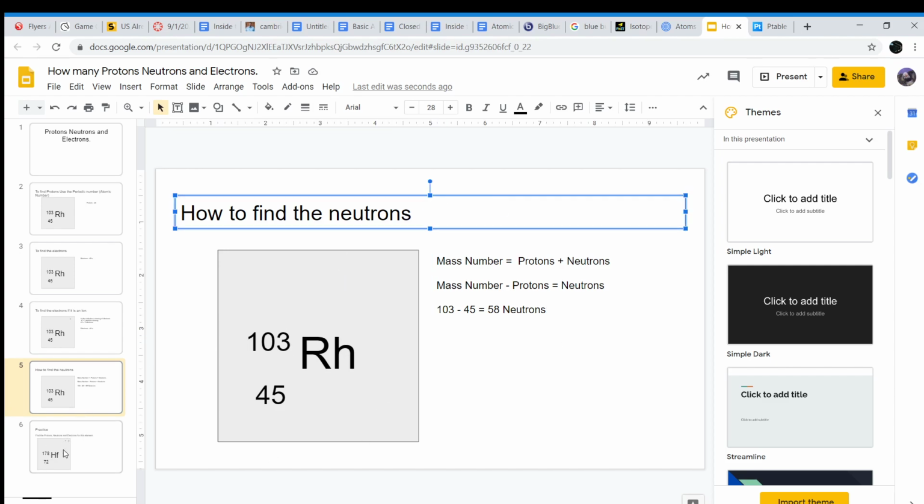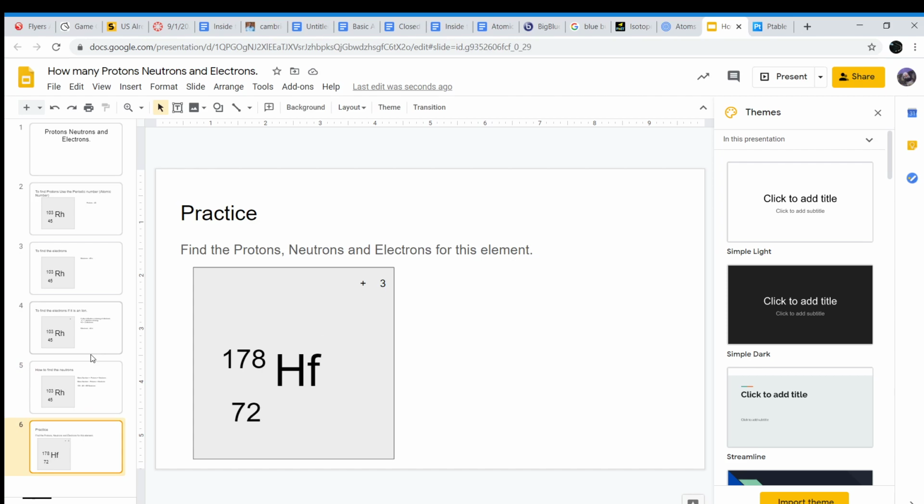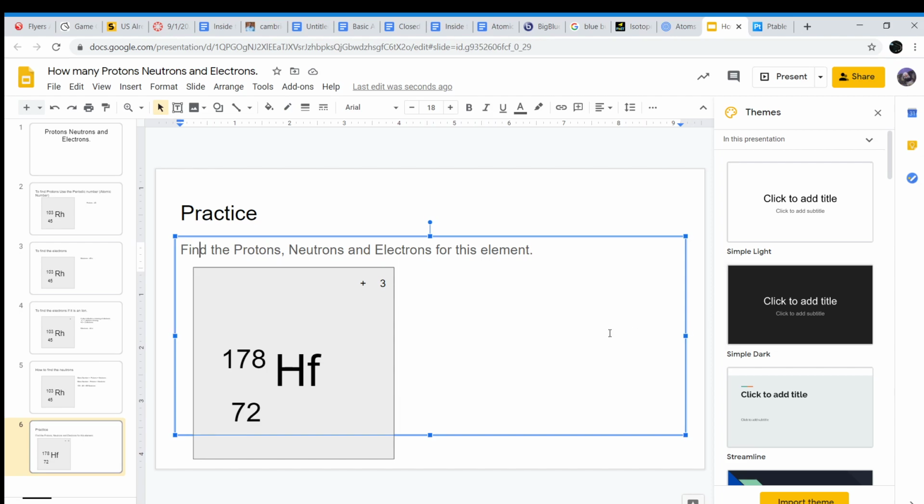So this is one example, and let's work through a practice. Often in one of these, I'll have you figure out all three of them in a particular one. So right here, find the protons, neutrons, and electrons for this element.